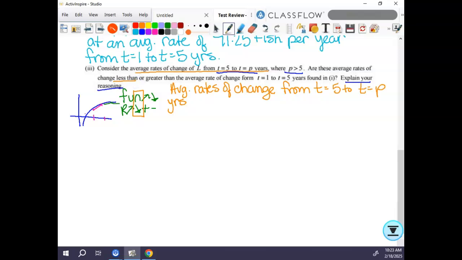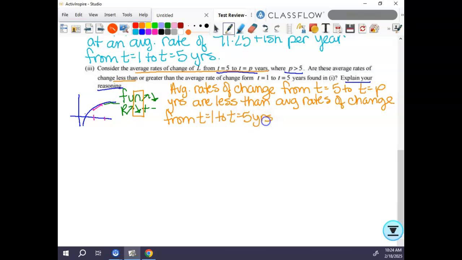Average rates of change from t equals 5 to t equals p years are less than average rates of change from t equals 1 to t equals 5 years. Okay, so less than, and then I just restated that right there. So I basically restated the question with putting less than instead of, it says greater than or less than.